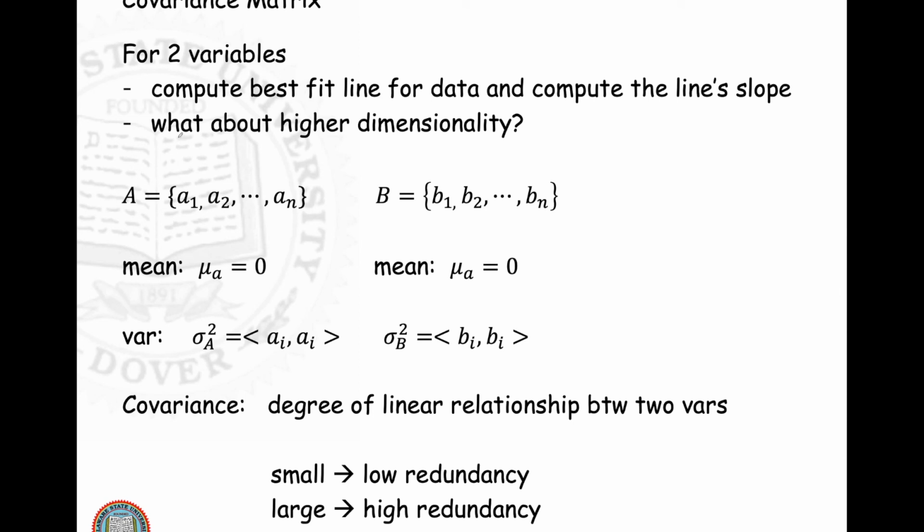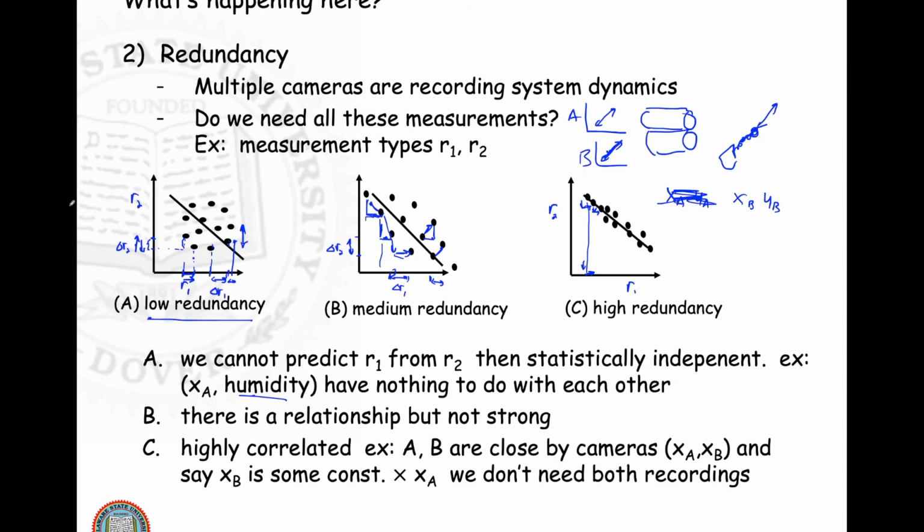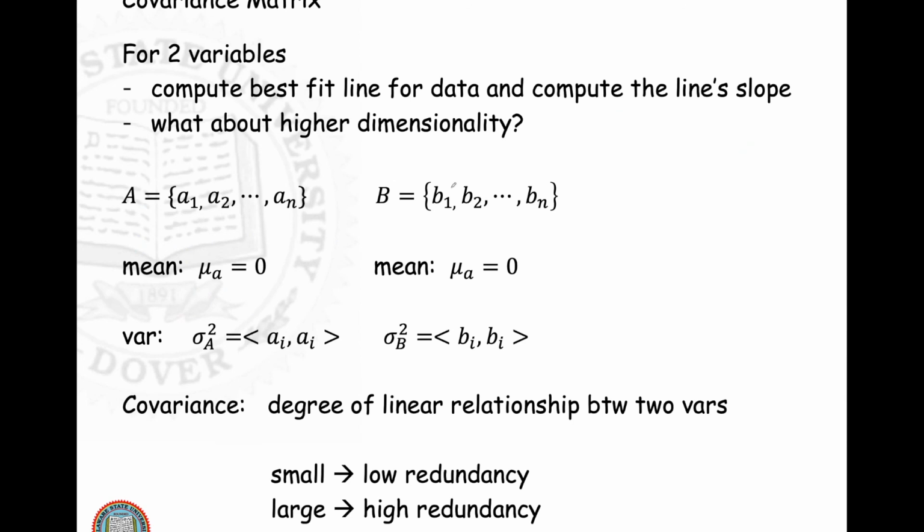For the two variable case, we take the best fit line for the data and calculate that line's slope. In the previous frame, you'll notice we have our best fit line for low redundancy, medium redundancy, and high redundancy, and we're just calculating the slope. That slope gives you a notion of the degree of coupling between the different measurement types.